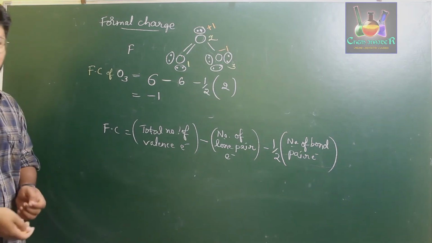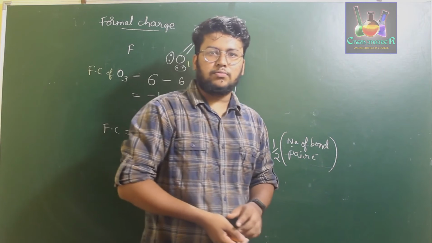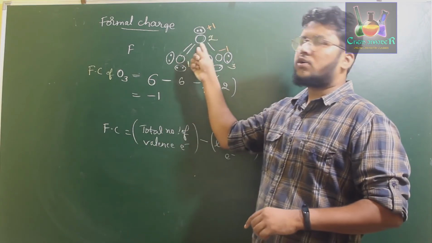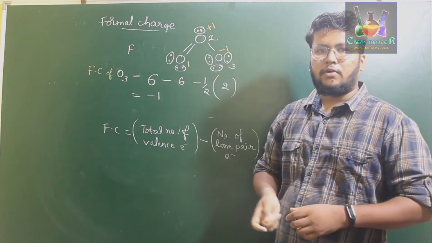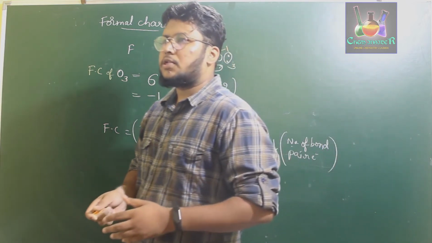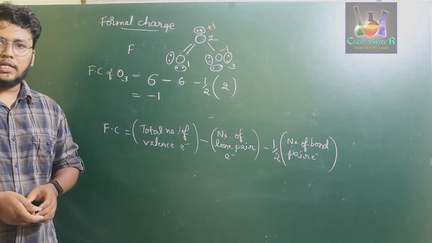So if you calculate the formal charge of each oxygen in the ozone molecule, one oxygen will have no formal charge, one oxygen will have a formal charge of plus 1 and the other oxygen will have a formal charge of minus 1. Similarly, you can calculate the formal charge of different molecules using this expression.